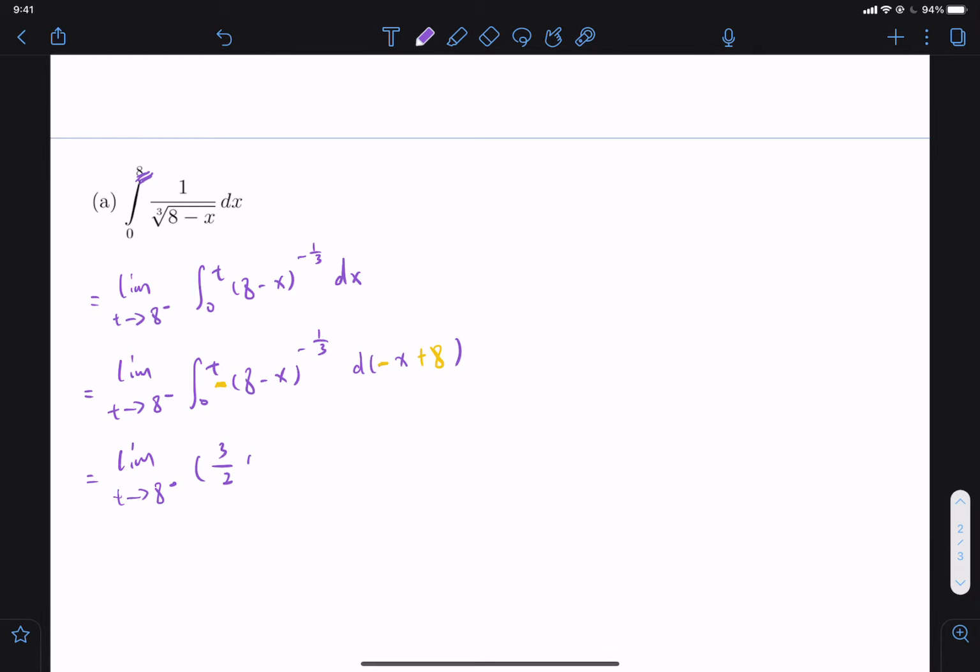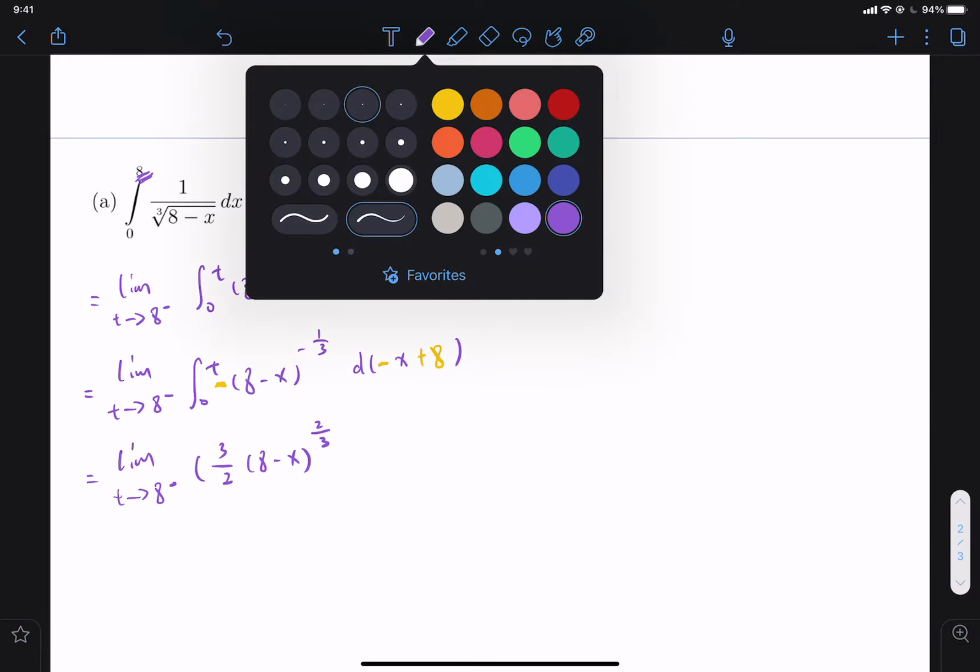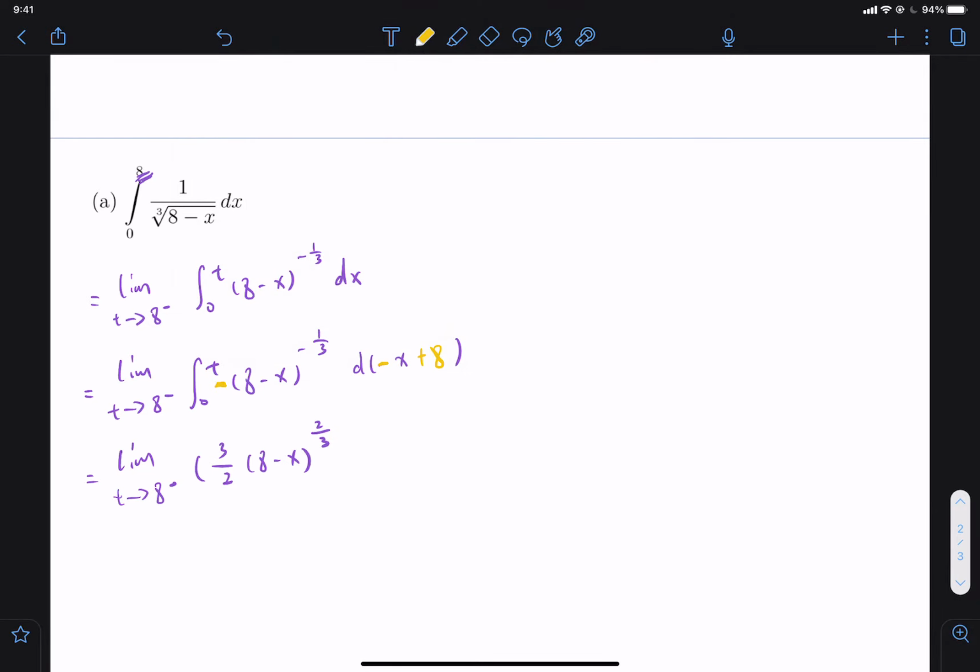3/2, (8 minus x) to the 2/3, right? Times that negative 1. The negative 1 is of course here. This one, from 0 to t, right? It's this one here.